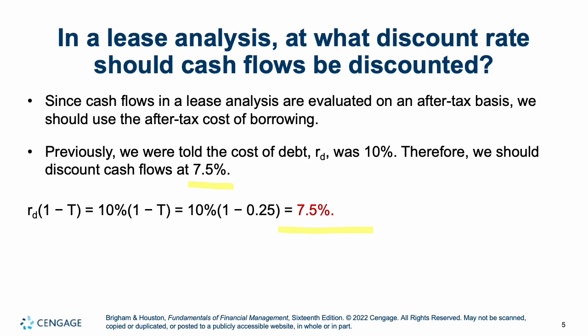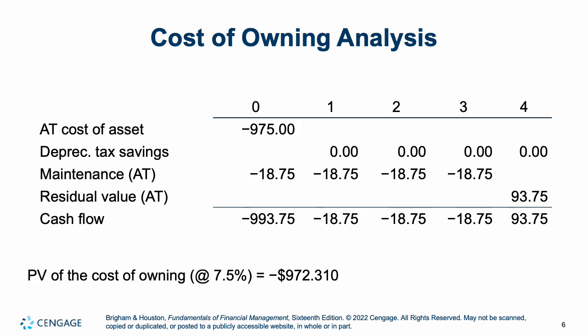So let's take a look at what it would cost if we buy the computer. So if we buy the computer, and this is all in thousands, we have a cost up front of $975,000. And our maintenance every year we are going to be paying after taxes. Here's our maintenance. Maintenance is $18,750.